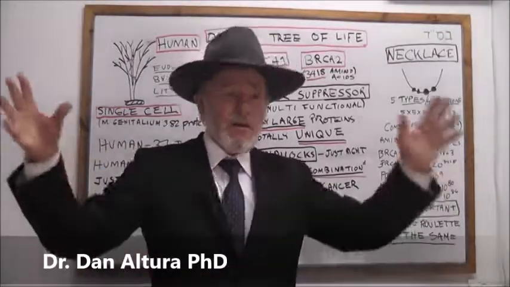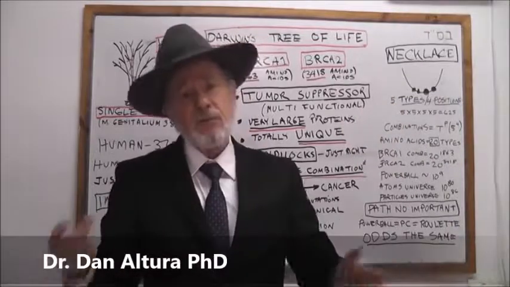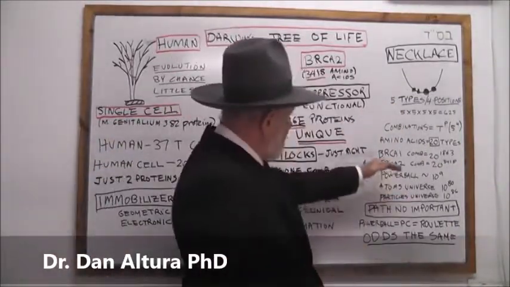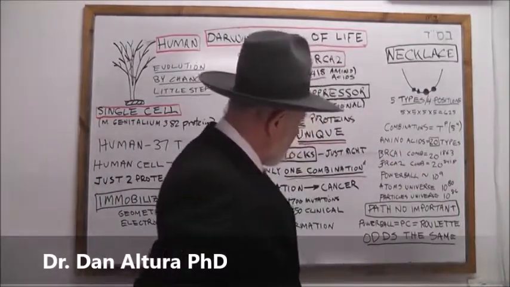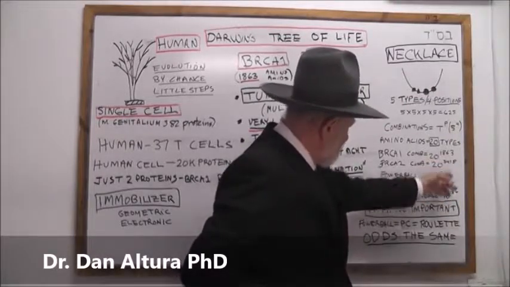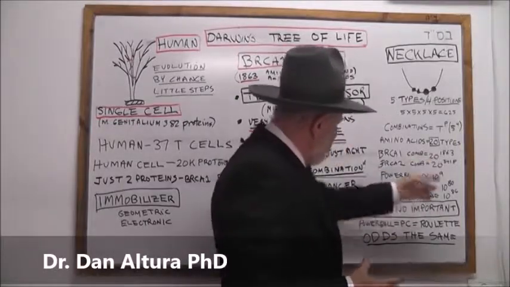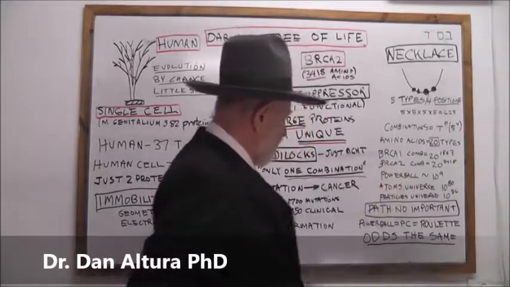Flying around the whole universe at the speed of light trying to find this one neutron. And that's nothing compared to trying to find this one combination for each one of these two. It's minuscule. Look at these numbers compared to these numbers over here. You can't even compare the number of atoms in the universe to these two large numbers of combinations for both BRCA1 and BRCA2.